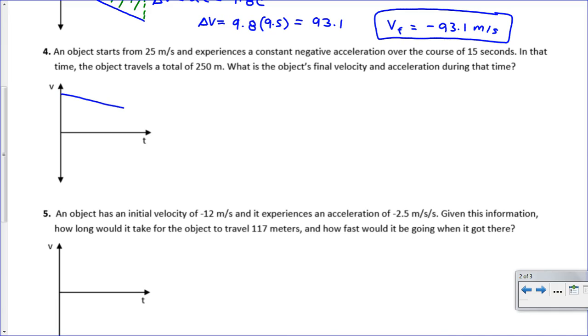So the things that we know here, we know that we had an initial velocity of 25. That's here. We also know that the time in this situation is 15 seconds. So this side is 15.